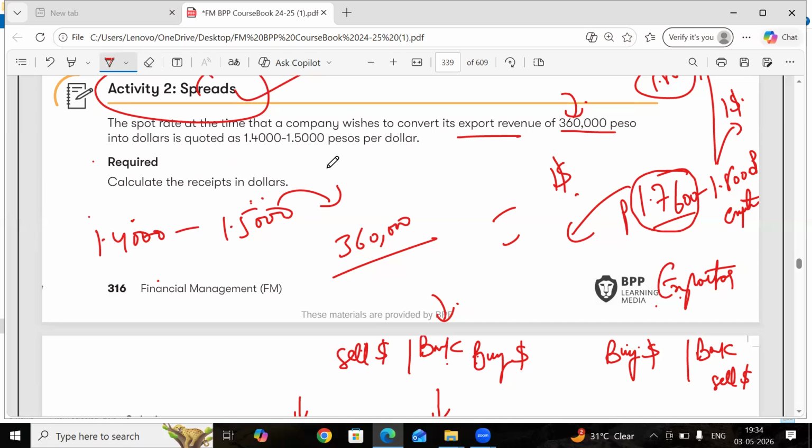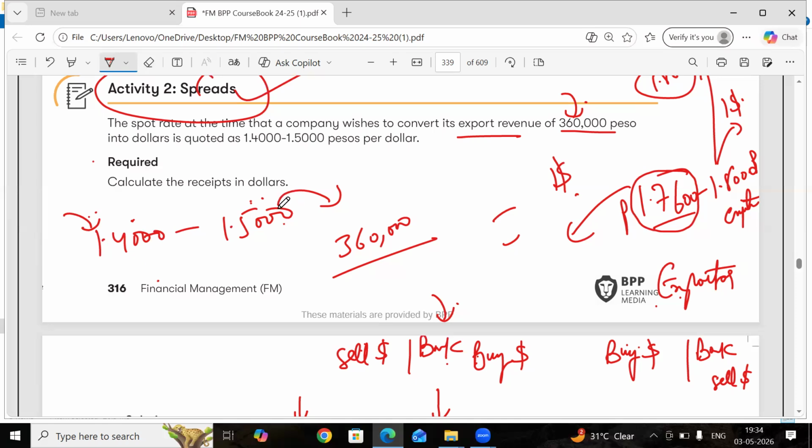Again, I'll repeat finally: the exporter is the one who gets foreign currency. He will sell foreign currency, buy local currency. Okay, local currency is dollar. So he wants to buy dollars. The bank wants to sell dollars. The bank's selling rate of dollars is this. From an importer's perspective, the importer wants to make a foreign currency payment. They will sell dollars and the bank will buy dollars. The bank will buy dollars at this price and sell dollars at this price.